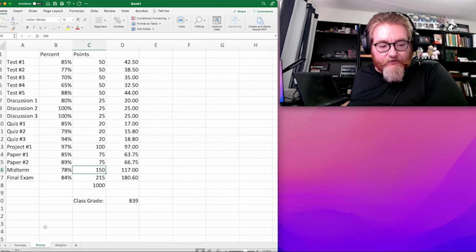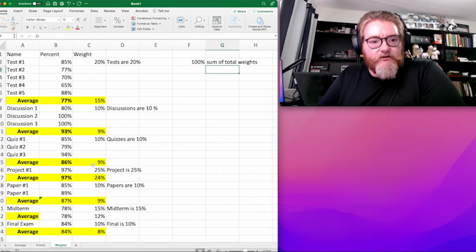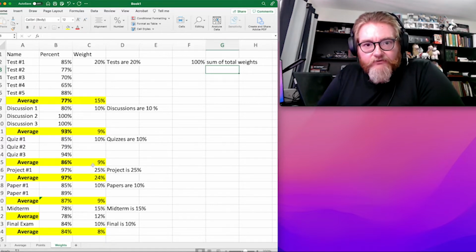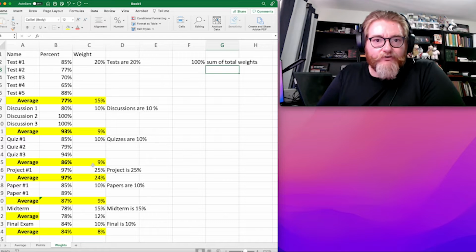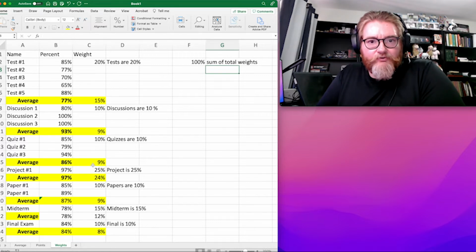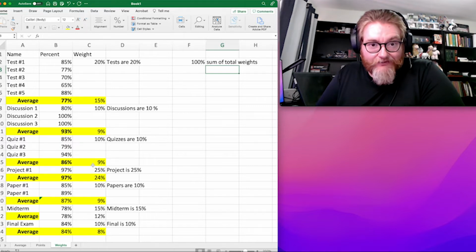The last one here is weights. Well, you can see that there is a whole lot going on here, and that's because the weights give you a total picture immediately of what is important in your class and what is not as important in your class.